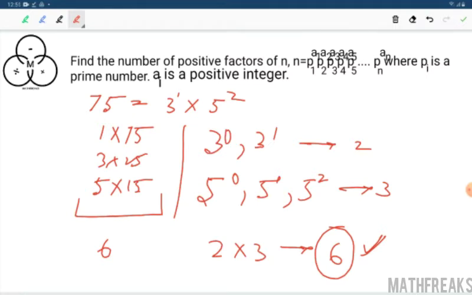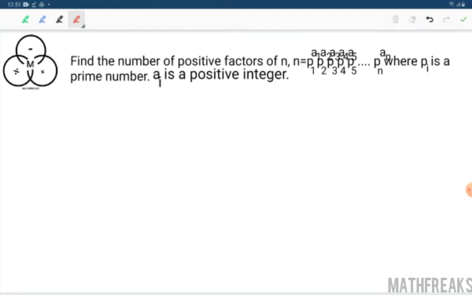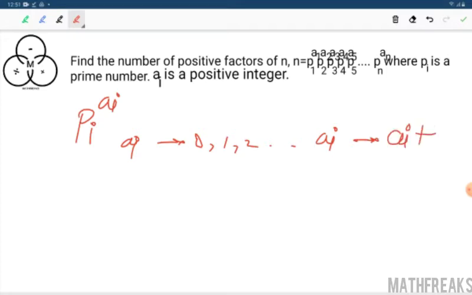So if we simplify the case, we can see that for p1 to the power a1, this exponent can have values ranging from 0, 1, 2 up to a1. Let me write it for i now. So it has ai plus 1 number of values.